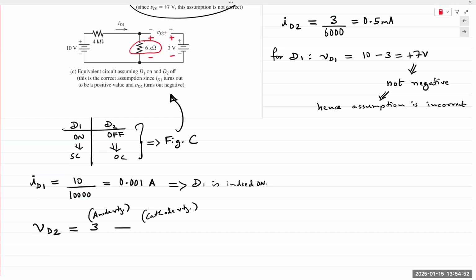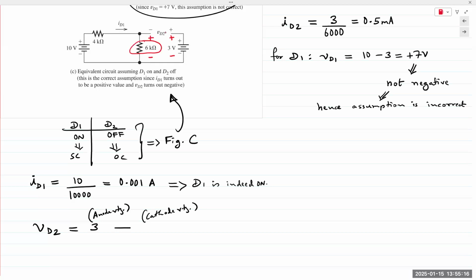We can determine that by applying voltage division, because 4K and 6K are in series now. If the circuit is open on the other side, nothing is connected to those 2 nodes, effectively rendering the 4K and 6K resistors in series. In a series connection of resistors, a fraction of the supply voltage appears across each resistor.